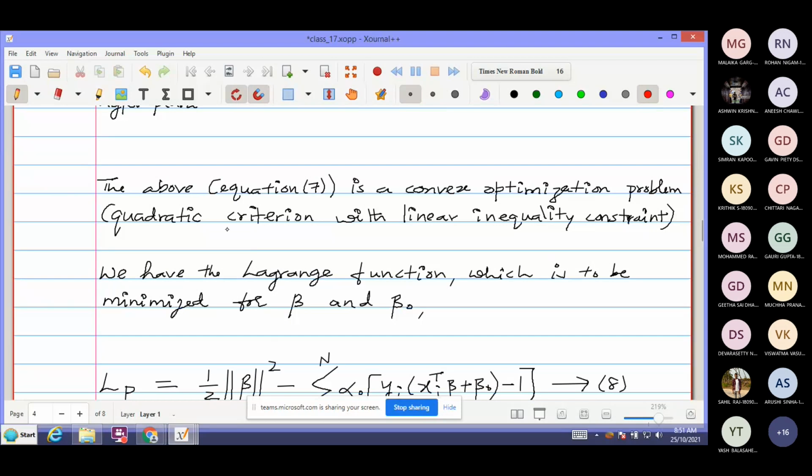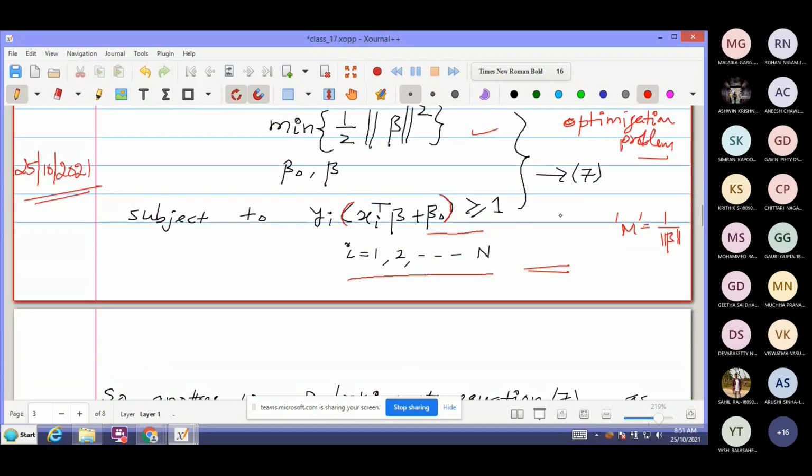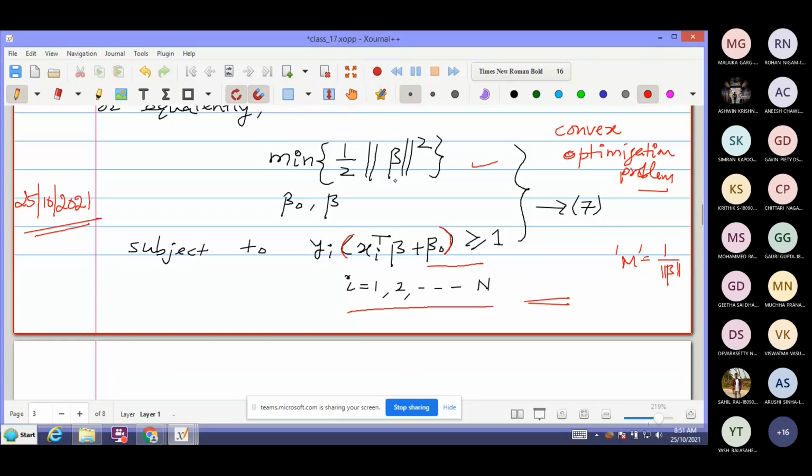So I said that equation 7 is a convex optimization problem. It's a quadratic criterion with a linear inequality constraint. The minimization criterion is quadratic, because of the norm that you have to find.